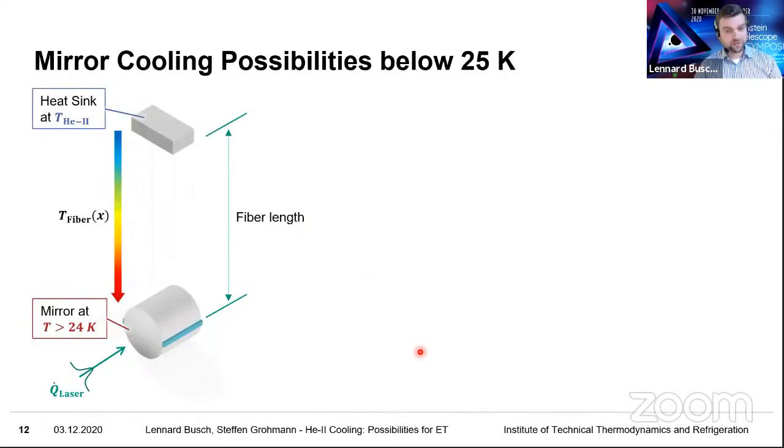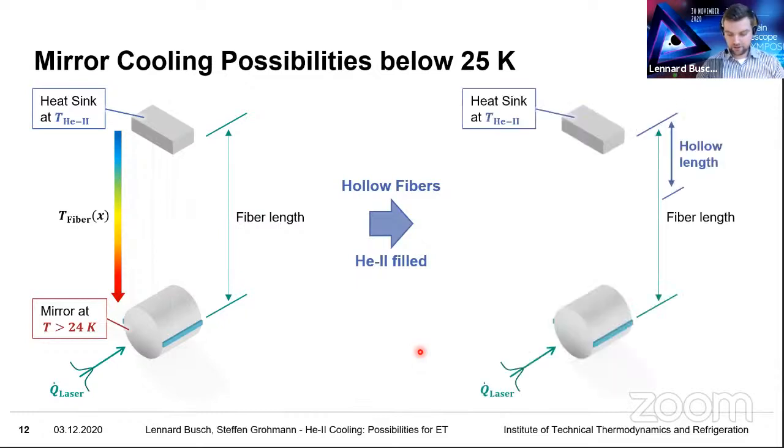Okay, so in the mirror, we expect to be above 24 Kelvin. So then we thought, can we get any lower than that without using additional thermal links to withdraw the heat from the mirror? A possible solution would be to introduce hollow fibers that are filled with helium-2. And that hollow length wouldn't even need to go throughout the whole fiber.